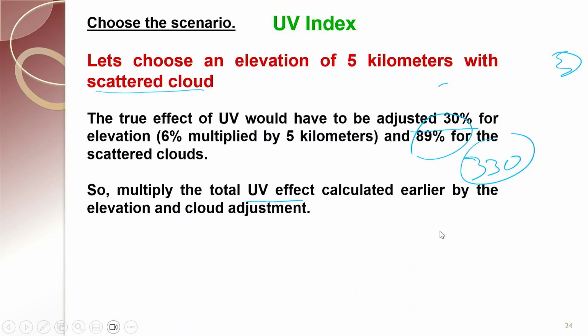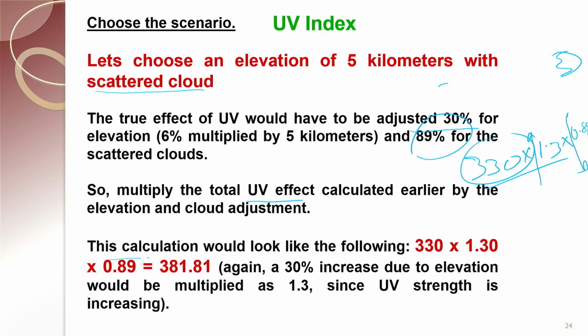Due to elevation it will be enhanced by 30%, and due to cloud cover it will be reduced. So, it will be multiplied by 1.3 and multiplied by 0.89. So, total effective UV radiation will be calculated accordingly.